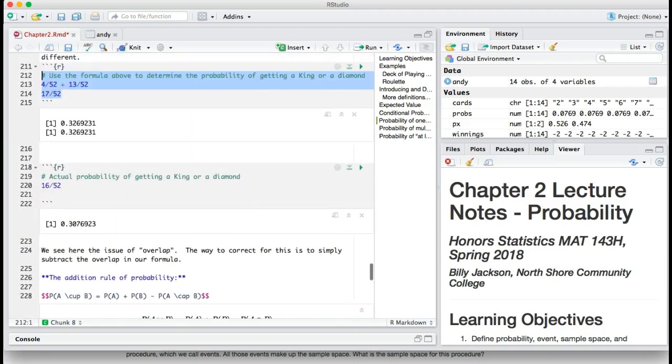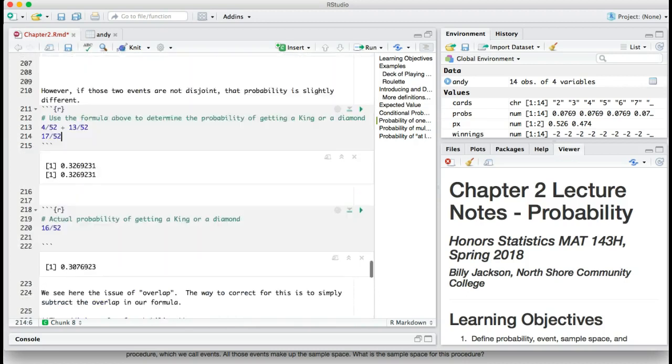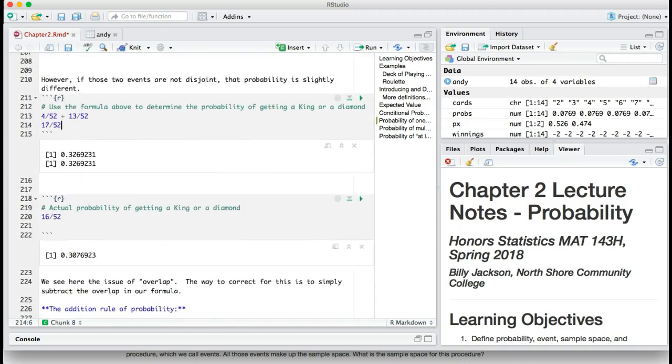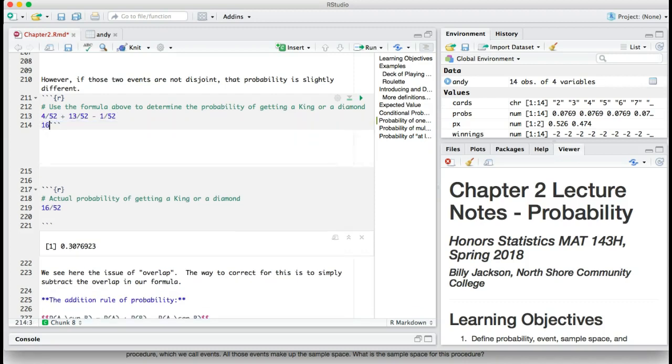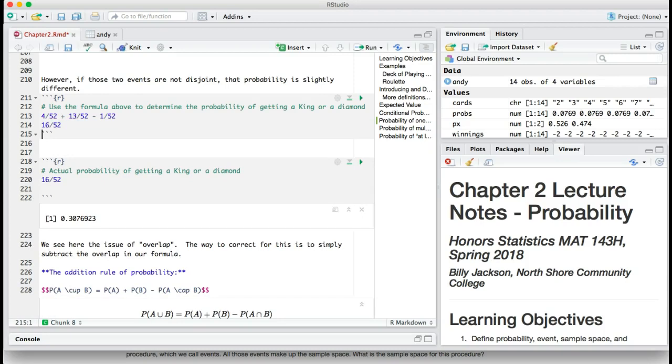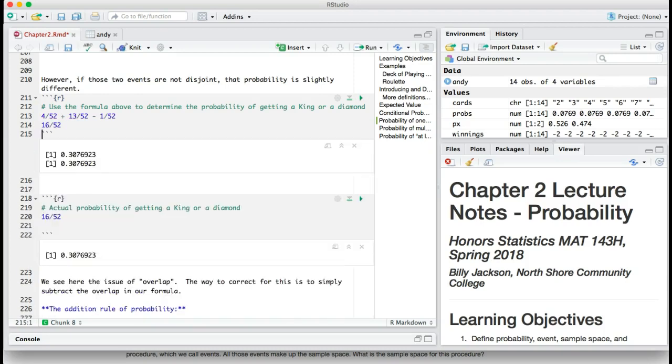So we could change our formula up here in line 214. We add the probability of getting a king plus the probability of a diamond, and then we subtract the probability of the overlap, which is the king of diamonds, which is a probability of 1 out of 52. And that gives us 16 out of 52, which we know to be the correct answer.